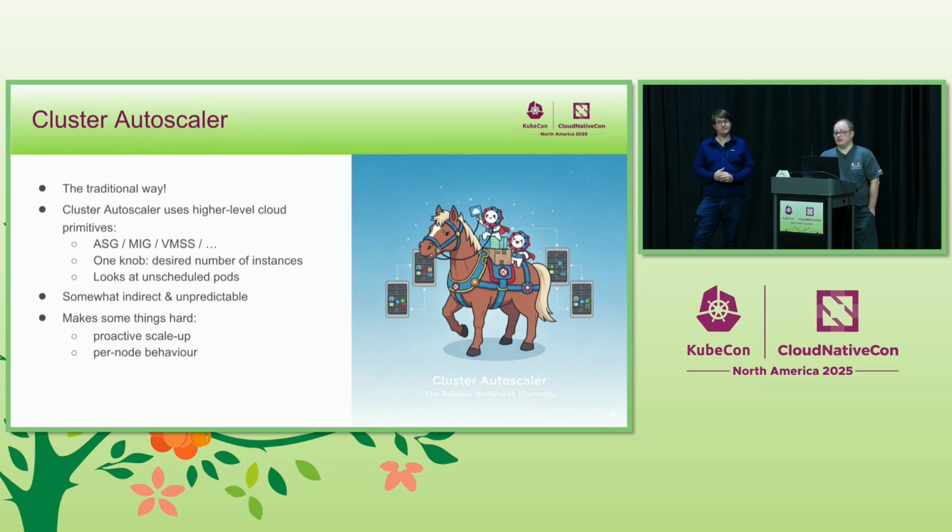Cluster autoscaler is very reliable, has been around, let's say, since the beginnings, but it has its own limitation. It uses higher level primitives for the cloud, mostly. Well, it's based on node groups. So it uses autoscaling groups, MIGs, VMSS, or something similar behind it.